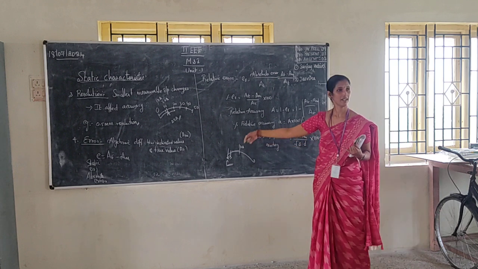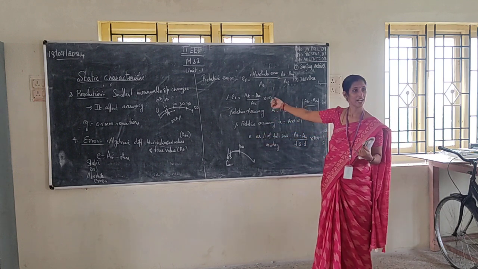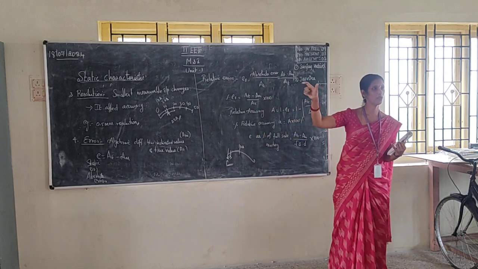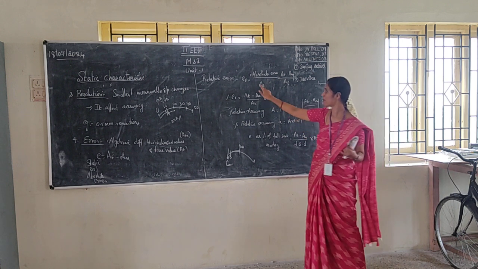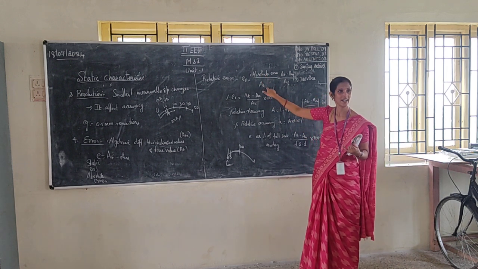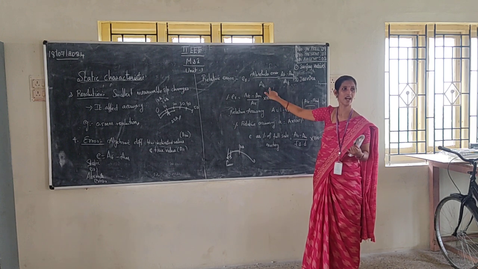So relative error means the error divided by the true value. The ratio between the error and the true value is the relative error.